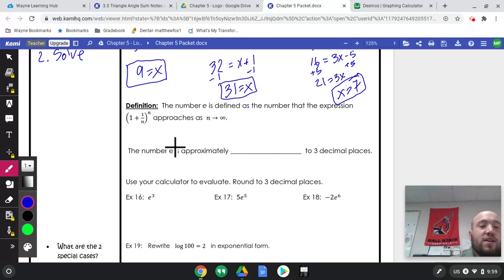Now, I know it has an e. It's because this number shows up a lot, so it got kind of a label. Don't think of it as anything except a number, though. It's still a value. It's kind of like pi. We gave pi a symbol because it comes up so often. Okay, so keep in mind, e is just a number.